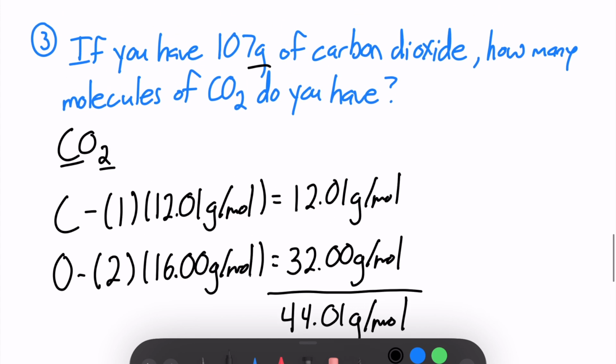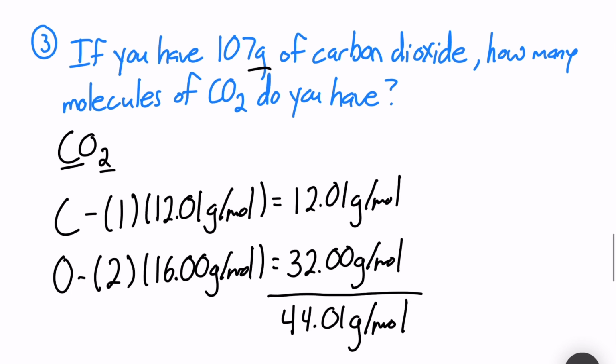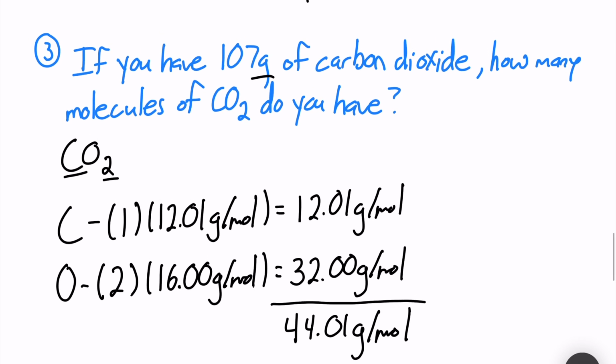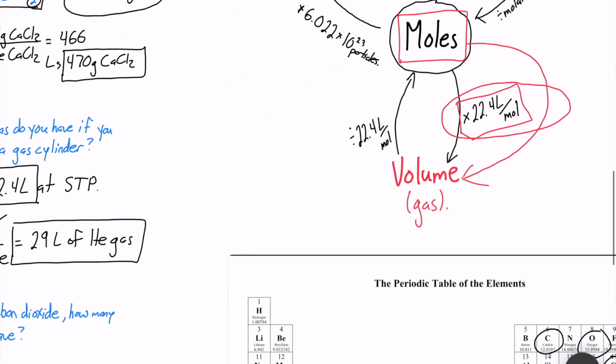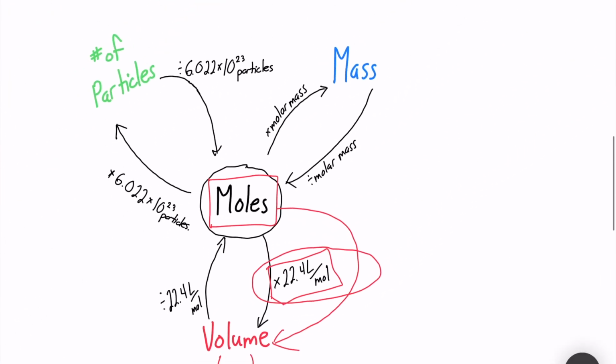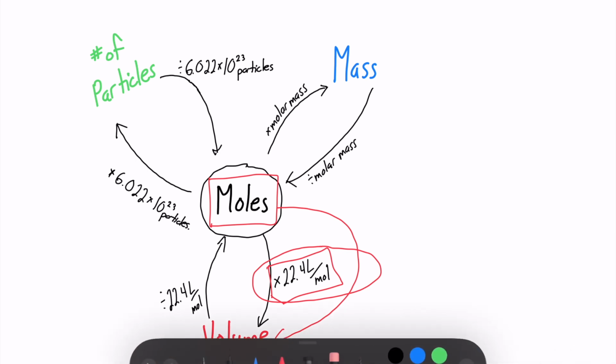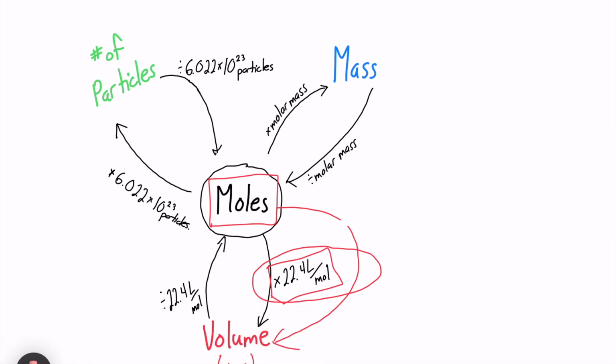So we have our molar mass figured out. That's a good first step. Now we have to figure out how to get our given mass of 107 grams of carbon dioxide to molecules of CO2. Okay, so I'm going to refer to our roadmap here. Maybe this will simplify it a little bit, because we are going from, I'm just going to make this a little bit neater for us.